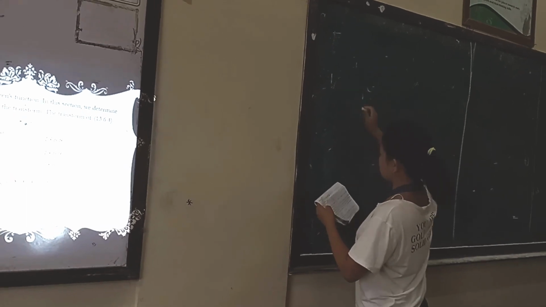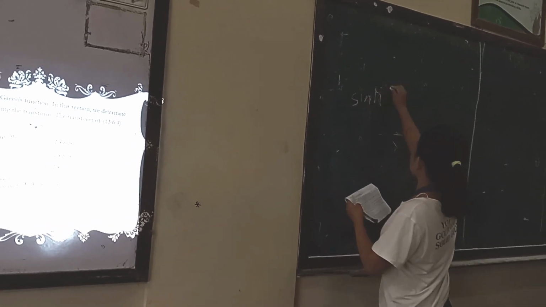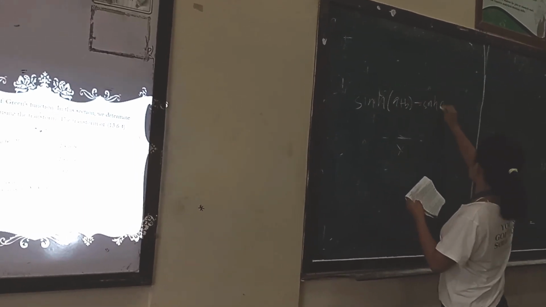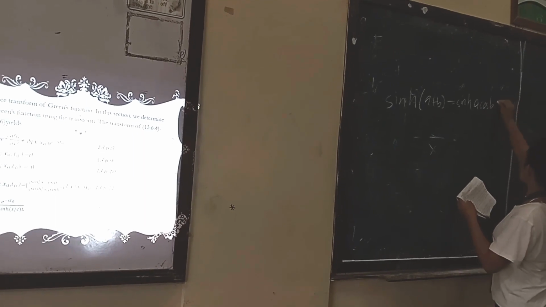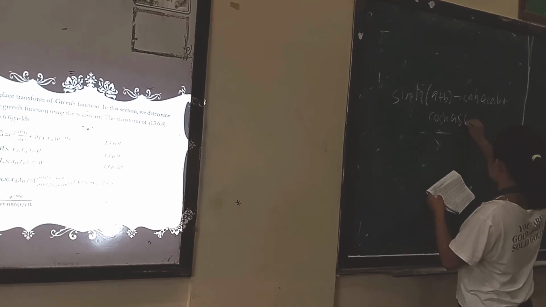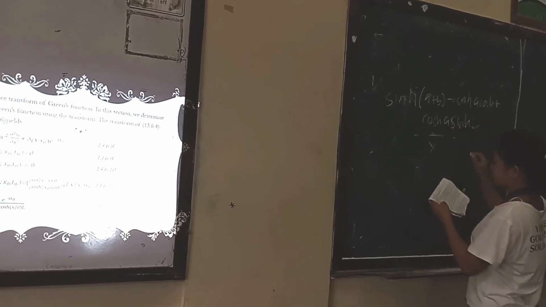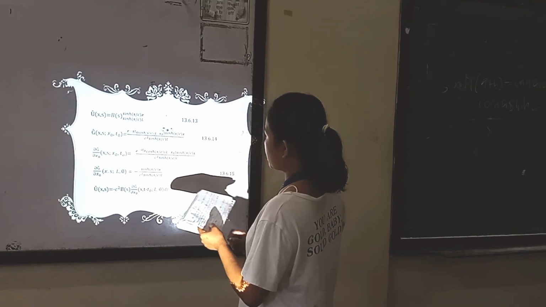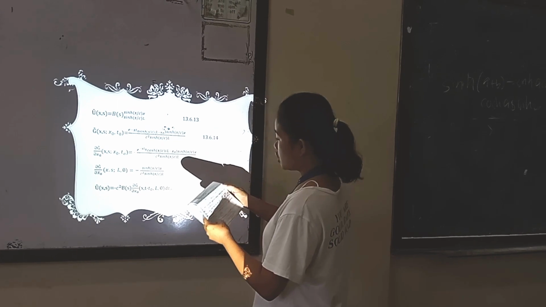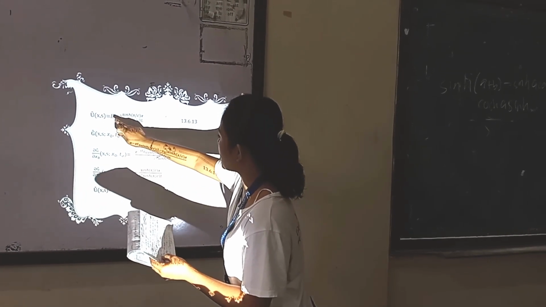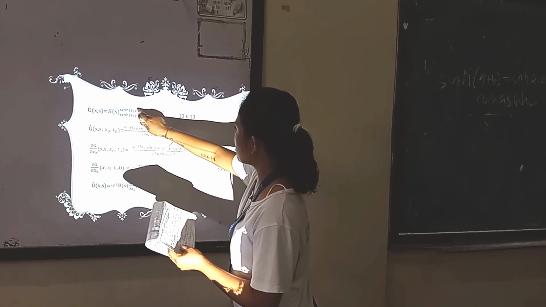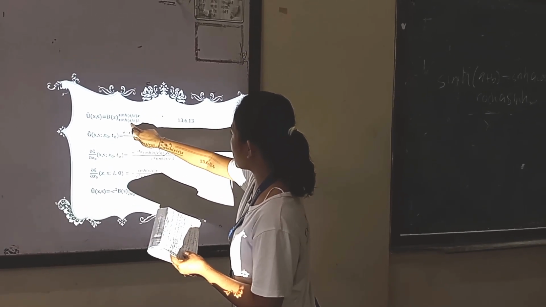Then we can obtain this if sinh of a plus b equals sinh a cosh b plus cosh a sinh b. In the preceding section, we showed in 13.5.8 that we have u bar of x, s equals b of s times sinh of s over c x over sinh of s over c l.